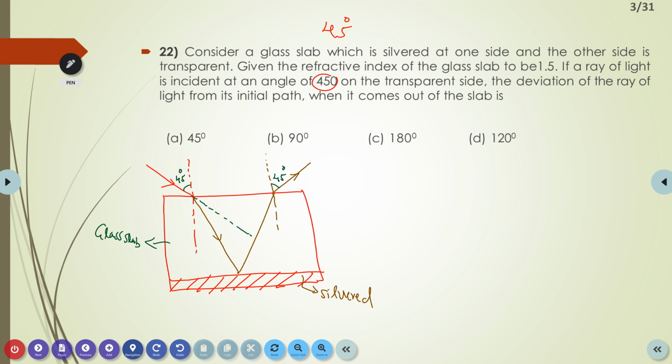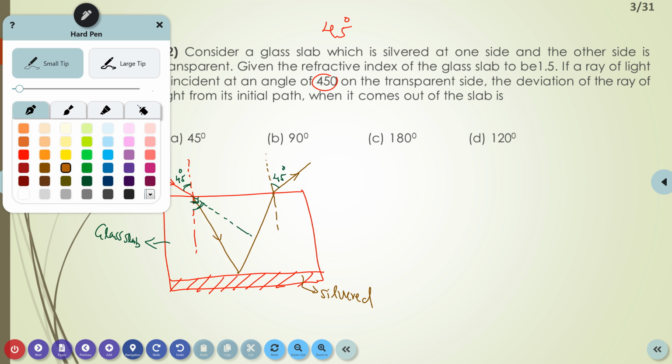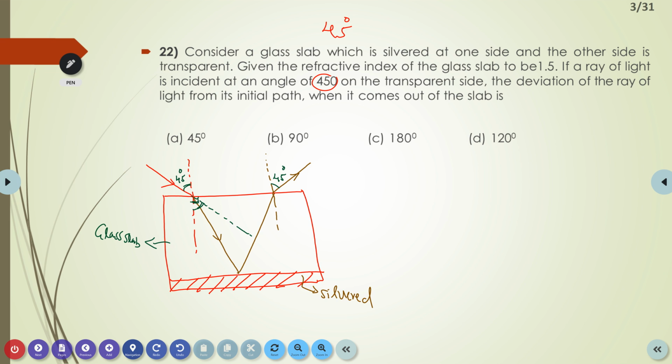Here, from the geometry, this is 45 degree. Then certainly this also is 45 degree. When this is 45 degree, then this will be 90 degree. When this is 90 and this is 45, then this angle is also 45 degree.